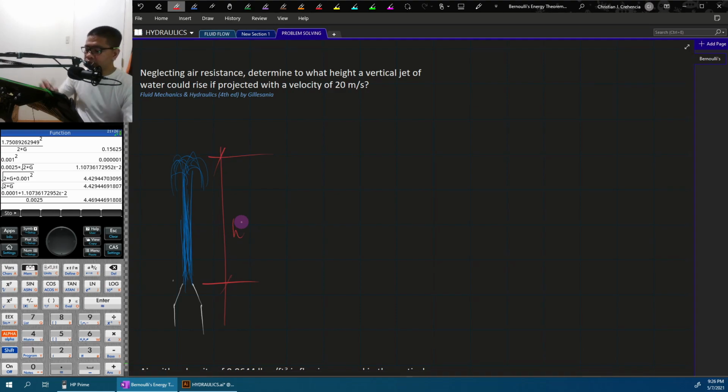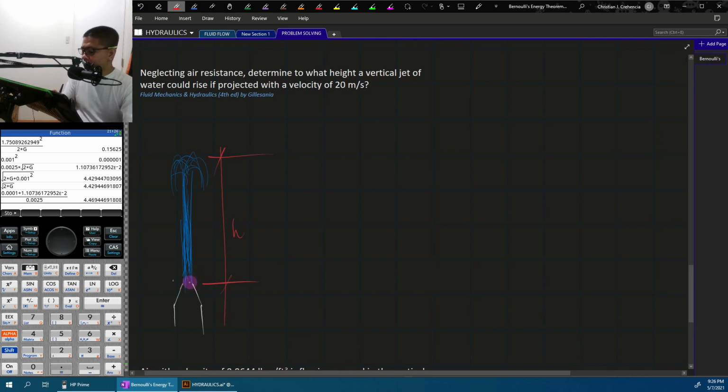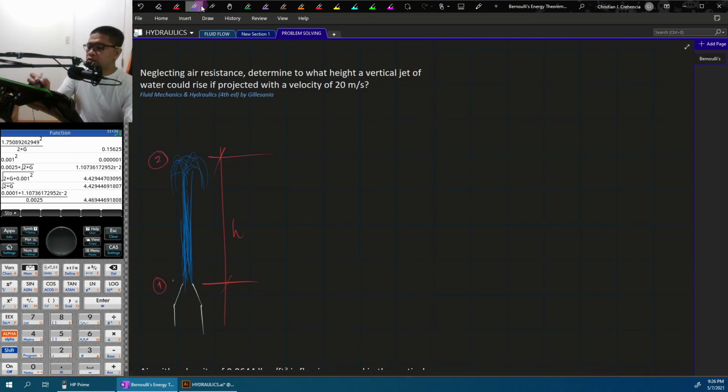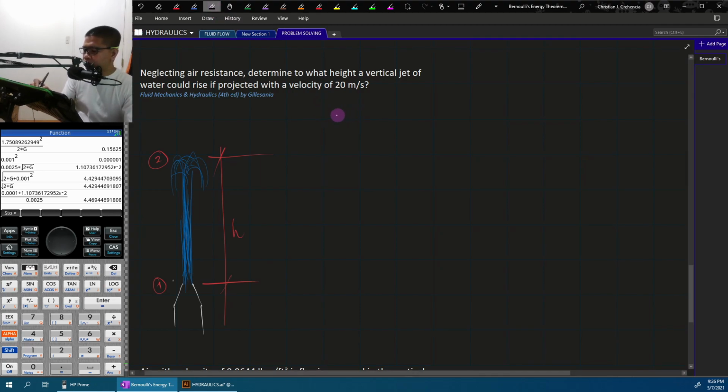So, ang consider natin is yung point just outside ng nozzle, no? So, if you consider this point 1, you consider this point 2. So, although na-discuss na natin kanina, ulitin ko lang, we can use yung energy equation. So, neglecting air resistance, wala tayong magiging loss dito.